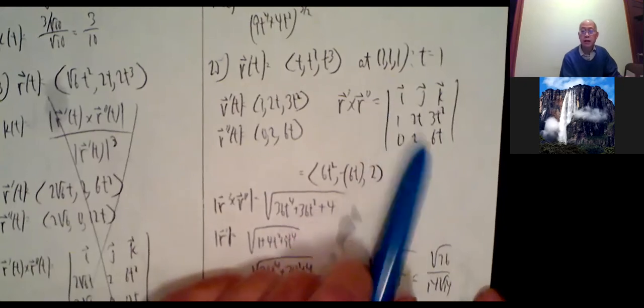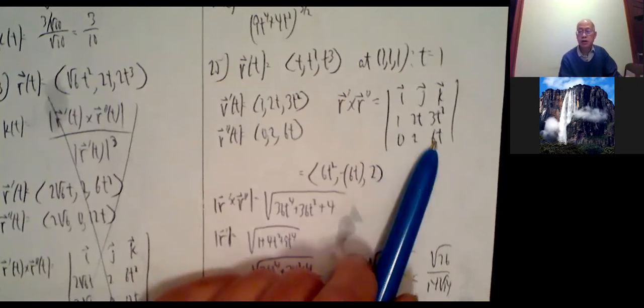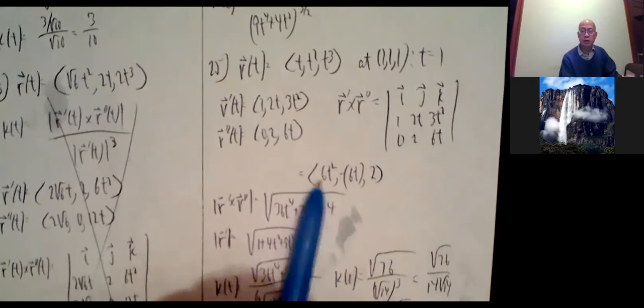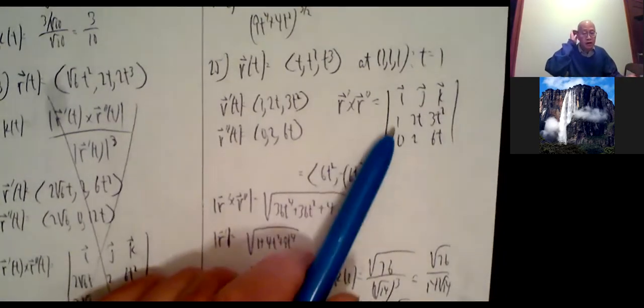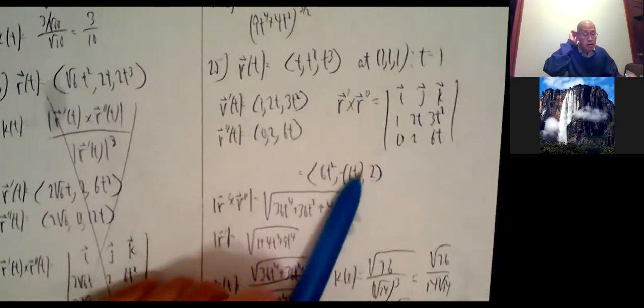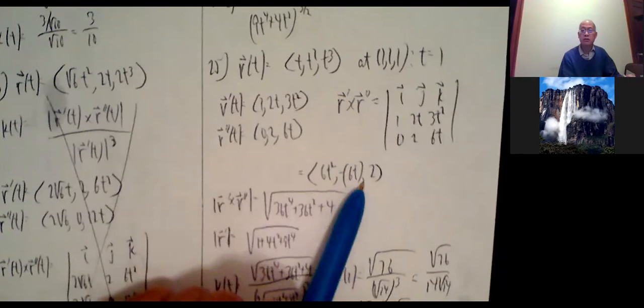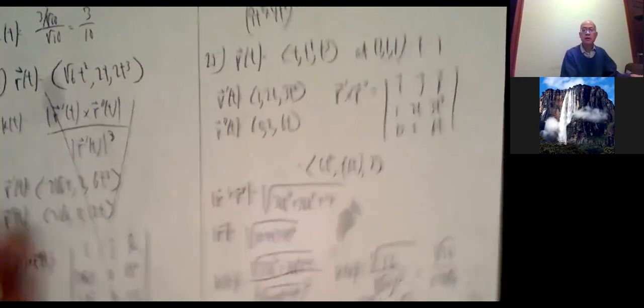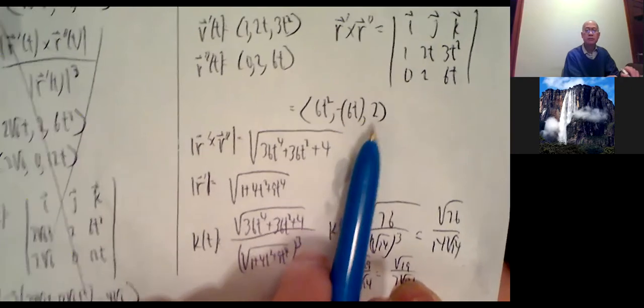For i, 12t squared minus 6t squared is 6t squared. j is the negative of 6t minus nothing, or negative 6t. And k is 2 minus 0, so 2. So 6t squared, negative 6t, 2.